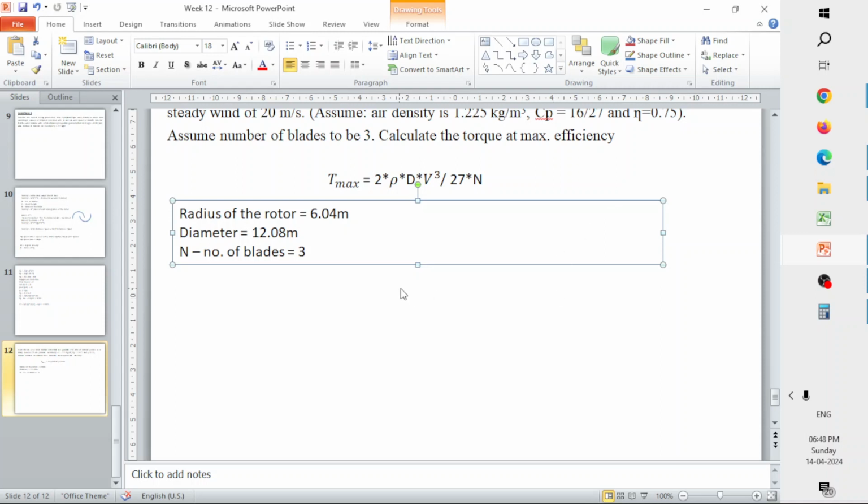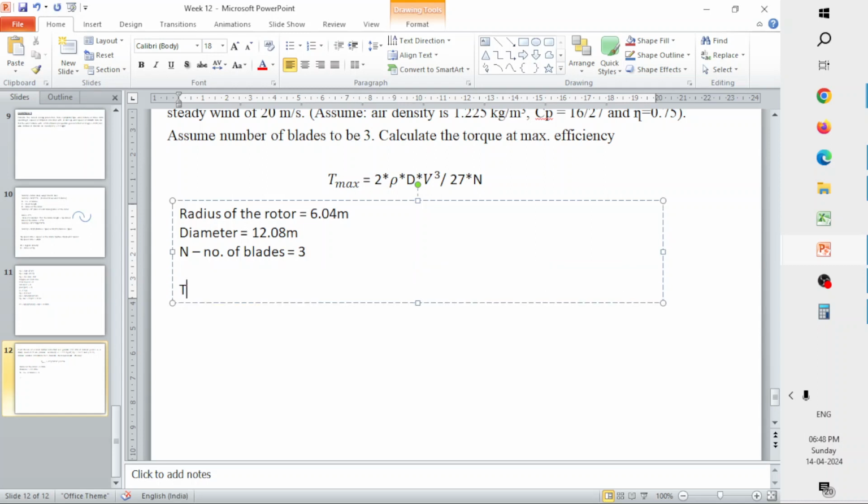It's simple, you just need to substitute in this equation, but I want to show how you got this formula. Torque can be expressed as power divided by omega. This can be written as power divided by pi times d times n.